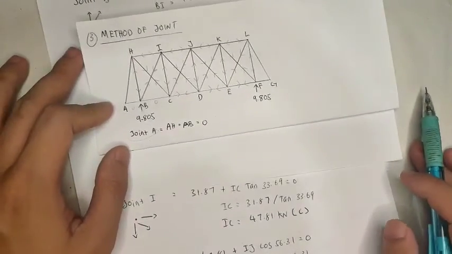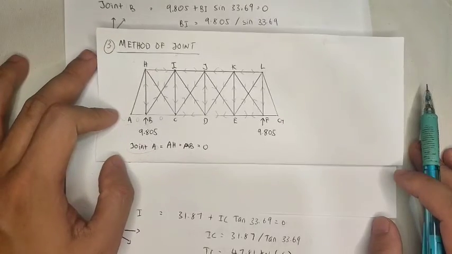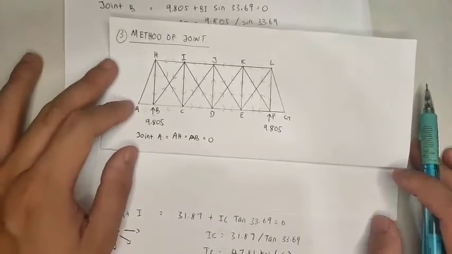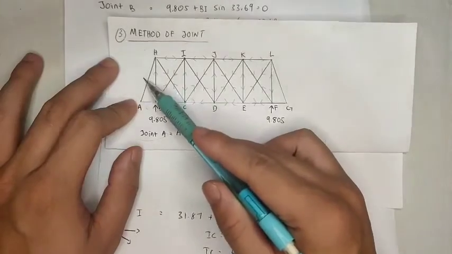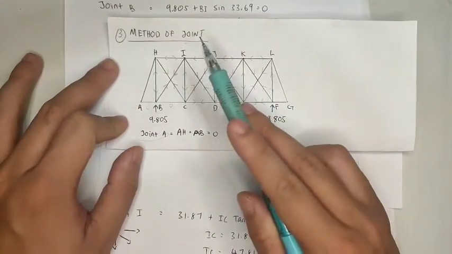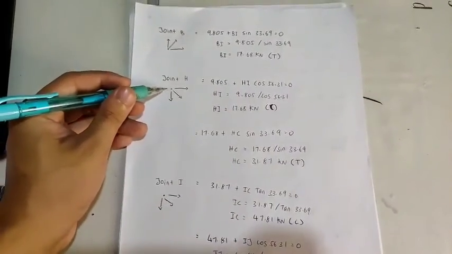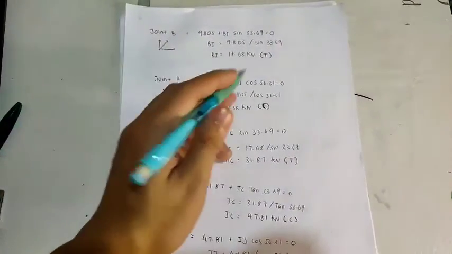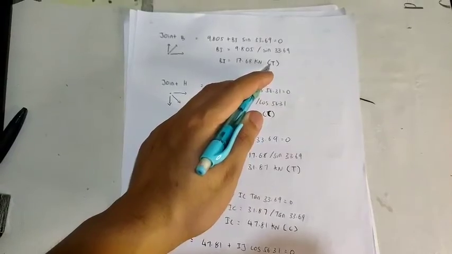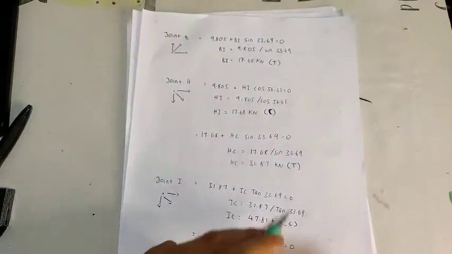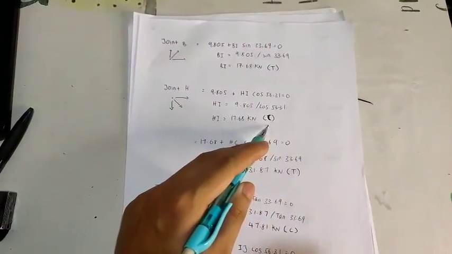We use the method of joints because we think that this design is suitable for this method. This is the final result, and I put the symbol T for tension and C for compression.